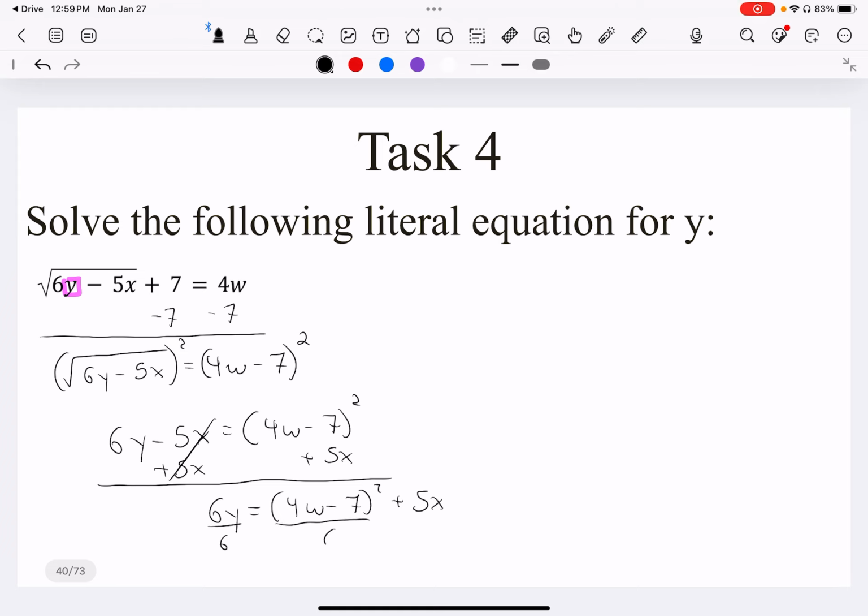Now I'm going to divide each term by 6. And I can't divide the 6 into the parentheses either. So I'm just left with y equals 4w minus 7 squared plus 5x all over 6.